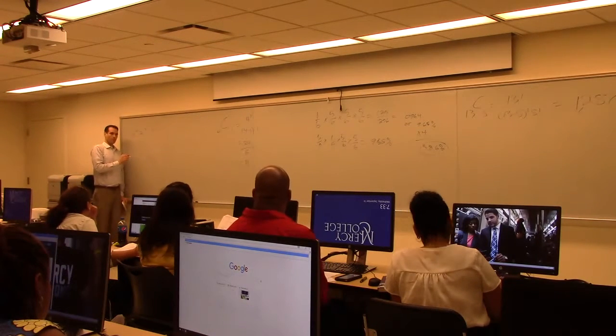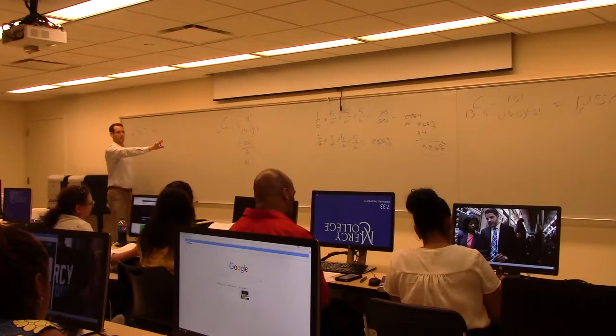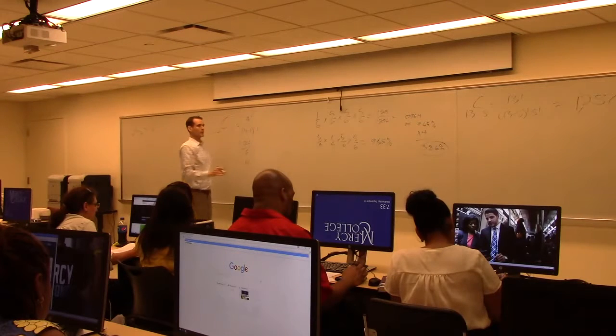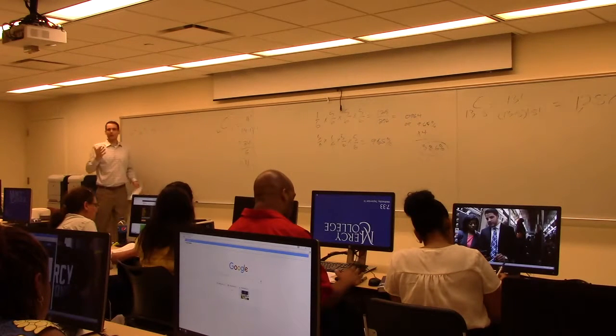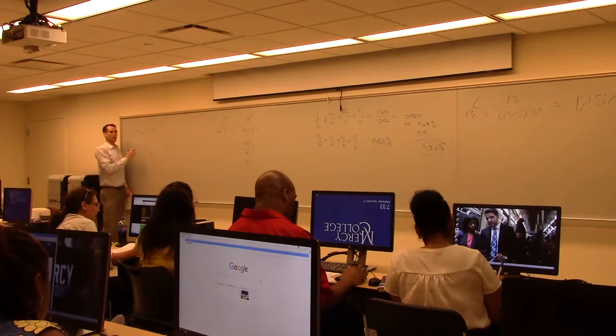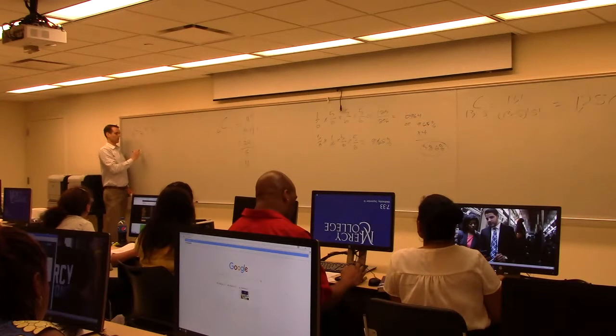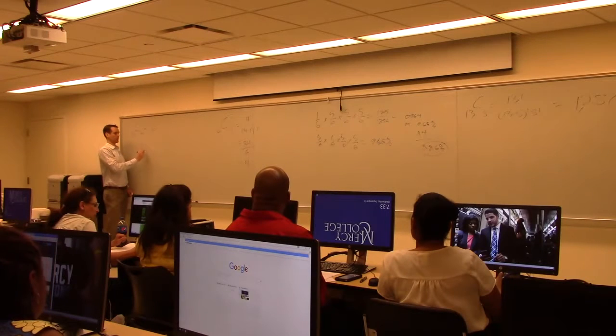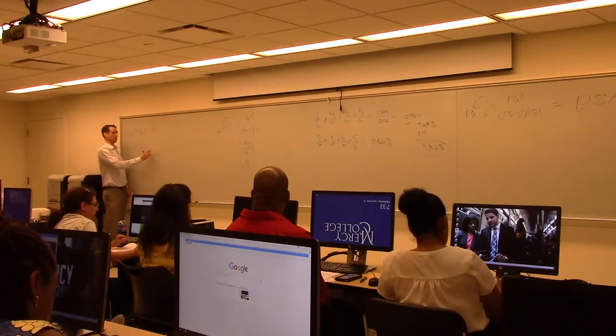We're going to use a similar method that we used right here. So let's think about it happening any one time. Let's suppose we roll a 6 the first time, 1 out of 6 chance of that happening. And suppose we also roll a 6 the second time, 1 out of 6 chance of that happening.